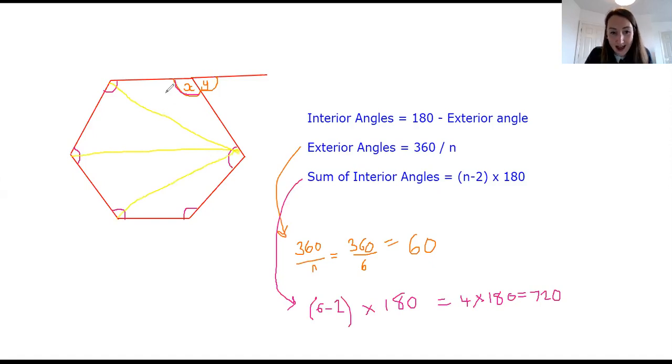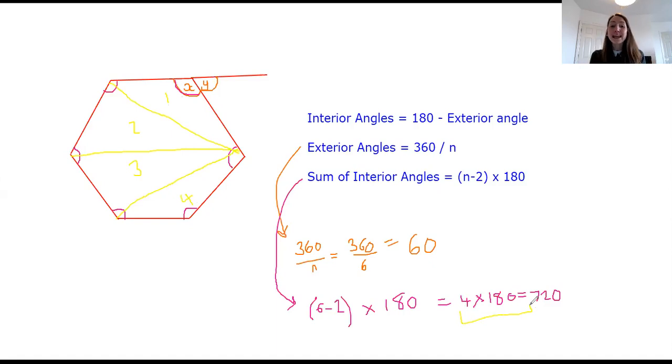And you might notice I have 1 triangle, 2 triangles, 3 triangles, and 4 triangles. Now, if you can remember how many degrees are in a triangle, hopefully you'll say that's 180. So if I've got 180 degrees in this triangle, and I've got 4 lots of triangle, that's going to be my 4 times 180, which is what I've got down here.